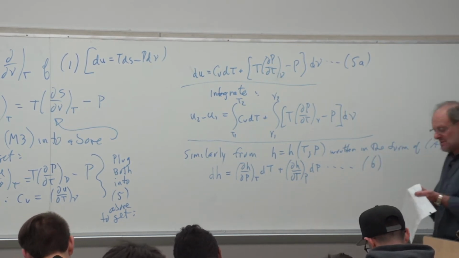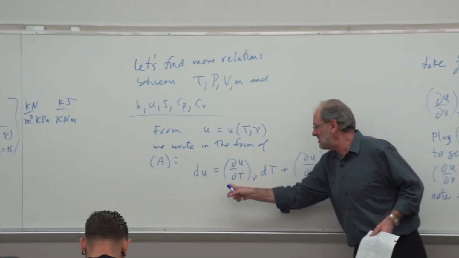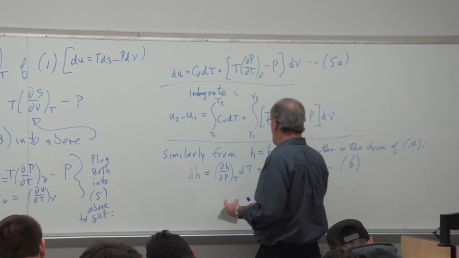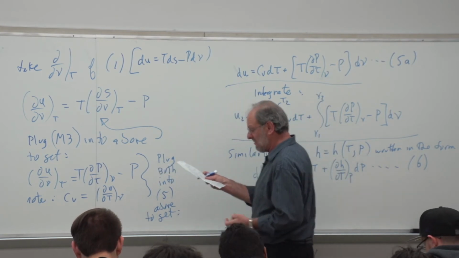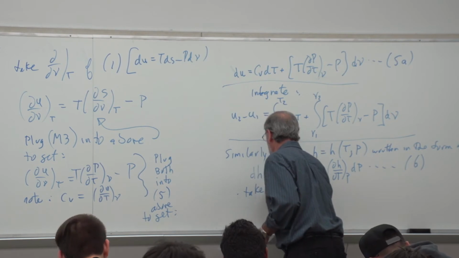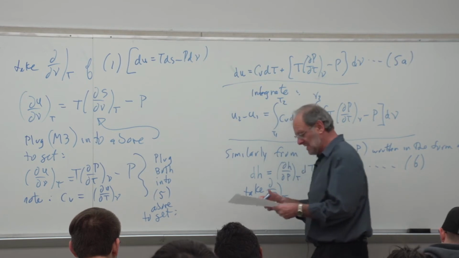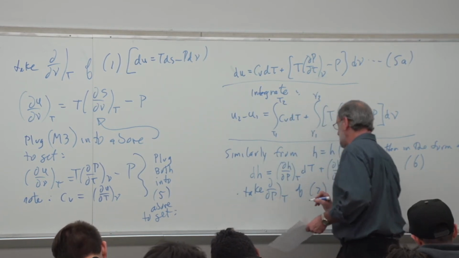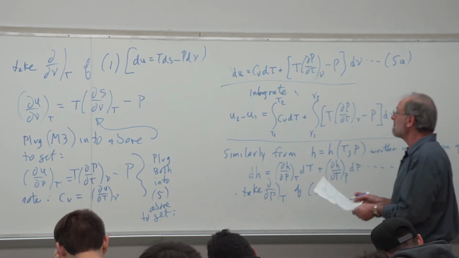So we've done the same thing here for enthalpy in terms of these two properties that we did over here for internal energy in terms of those two properties. It's the same procedure. And now I want to do more or less the same thing. Again, I'm not going to go through every single step, but the next step is that I want to take the partial with respect to P holding T constant of the second TdS relationship, the one that's called 2.